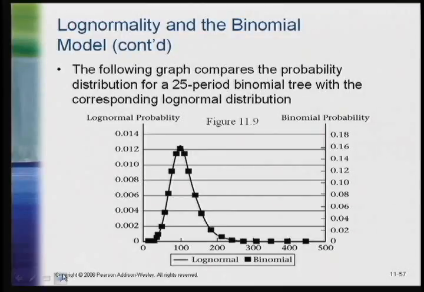And this is a picture where the boxes are the prices that come from the binomial tree and the associated probabilities, and the continuous curve is the theoretical log normal distribution that those prices converge to when n goes to infinity. So you can see even at n equal 25, I get a pretty good distribution of prices with the binomial. Certainly, if you looked very carefully in the tails of the distribution, you would notice more crudeness.